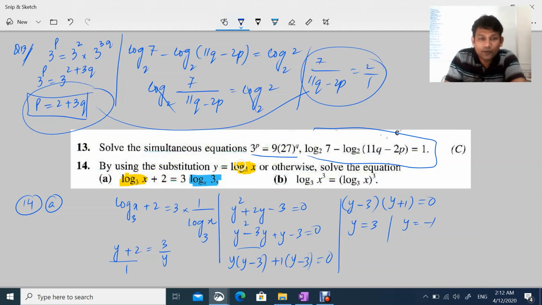But remember, we are solving the equation, which means x is in the equation, so I have to apply it here. This y is equal to log 3 x.